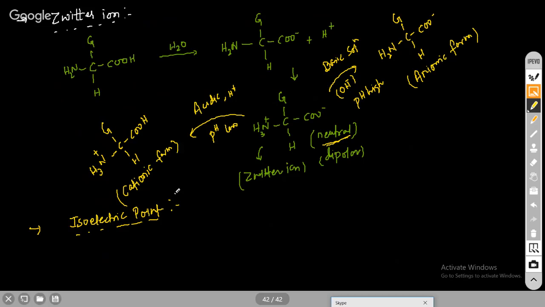But at a certain value of pH, when the amino acid exists in the form of deuterion, then there is no movement towards any electrode.